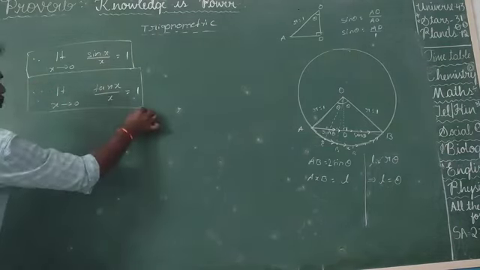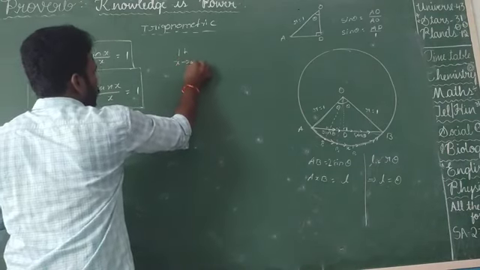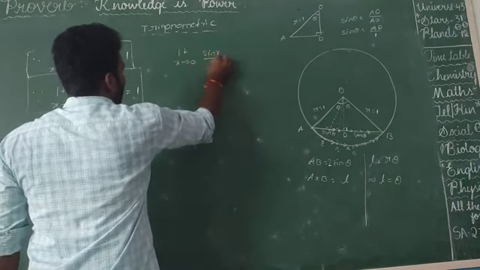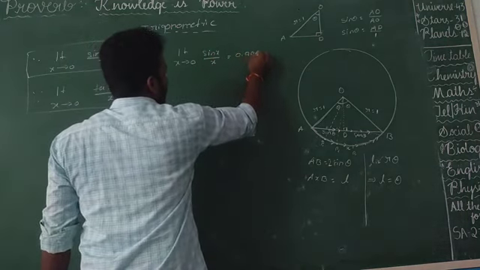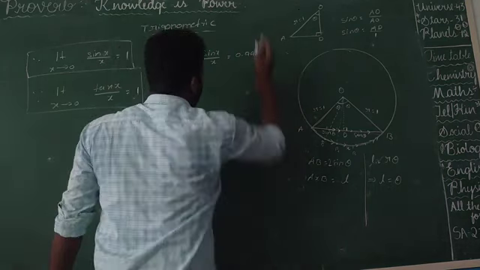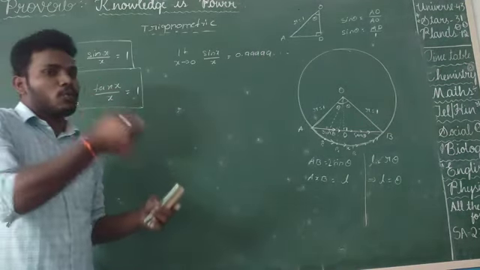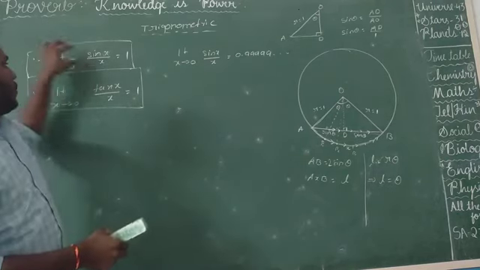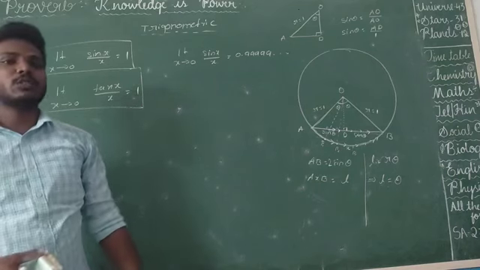So what is the meaning of these two exactly? Limit x tends to 0 of sin x by x, the value is exactly 0.99999 like this. So definitely it is not exactly 1. We are trying to reach 1. The limit of the value is going to reach 1. We are taking it as approximately equal to 1.